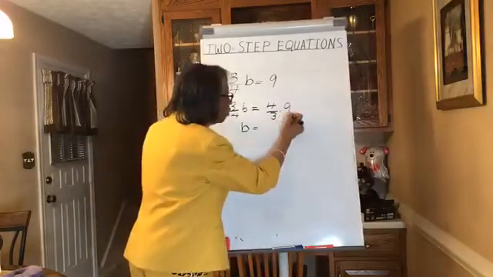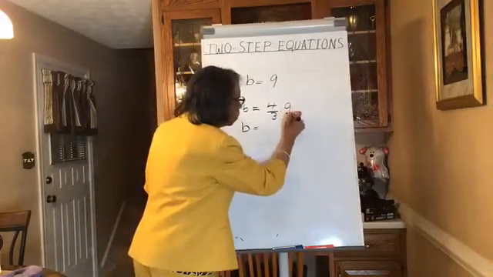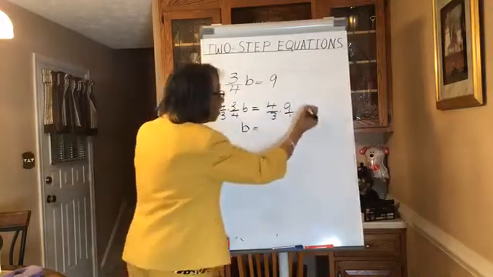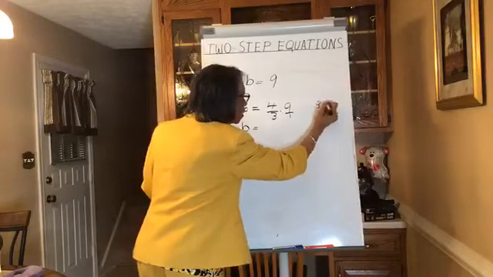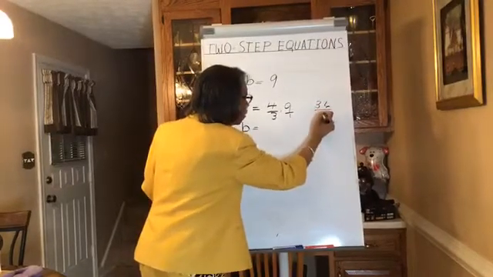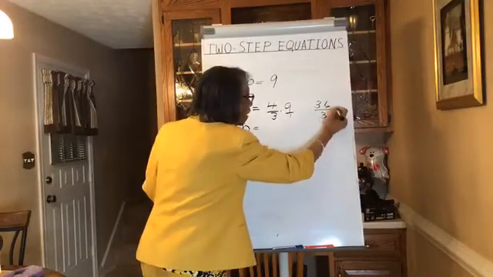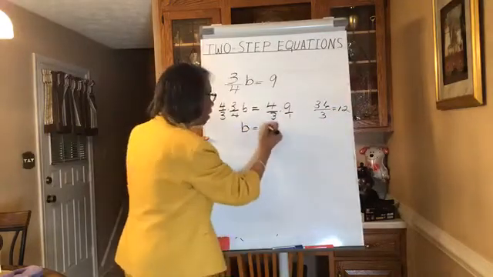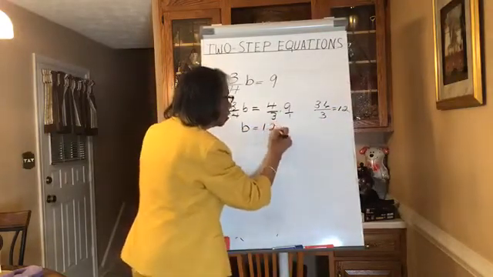All right, and I haven't talked about canceling before, so I won't do that. 4 times 9 is what? 36. Divided by 3, and that's 12. All right, so b equals 12.